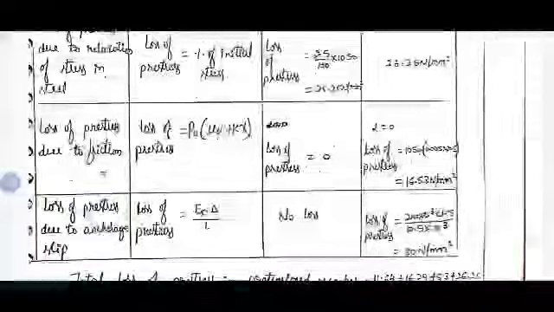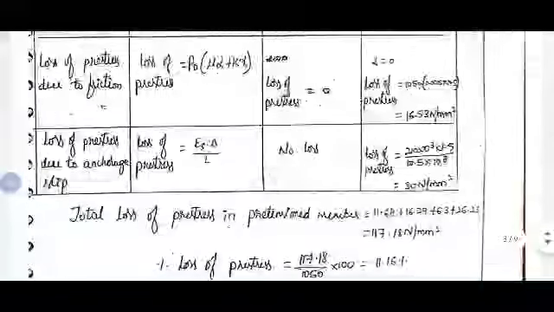Then loss due to friction, we have the formula P naught into mu alpha plus Kx. In case of pre-tension there is no loss of friction, so 0. In post-tension here there is no slope since we are using a straight cable, so alpha will be 0.